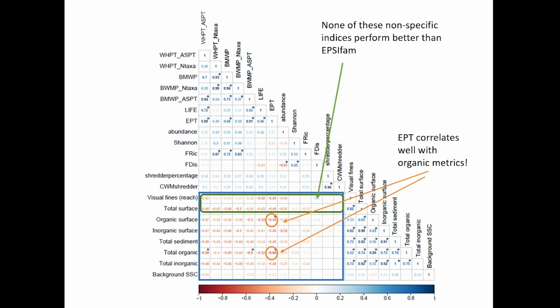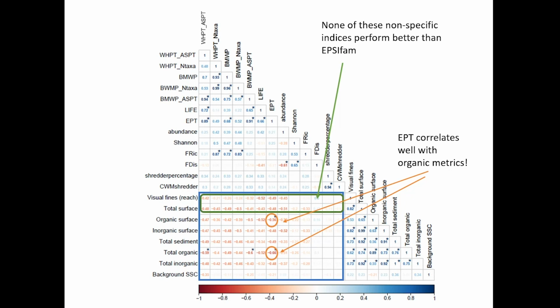We then have LIFE, which is the Lotic-invertebrate Index for Flow Evaluation. So this scores taxa based on their sensitivities to low flows. EPT, which is the richness of taxa within the orders Ephemeroptera, Plecoptera and Trichoptera, which is your mayflies, stoneflies and caddisflies.